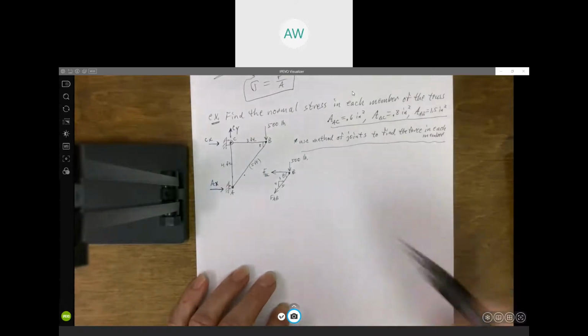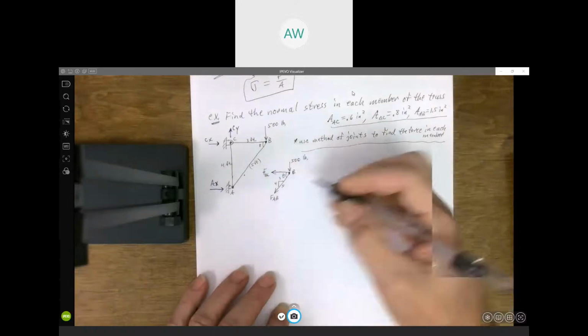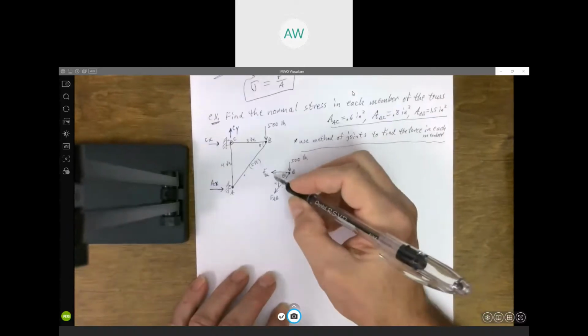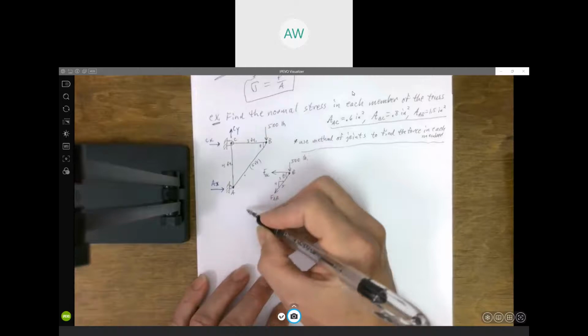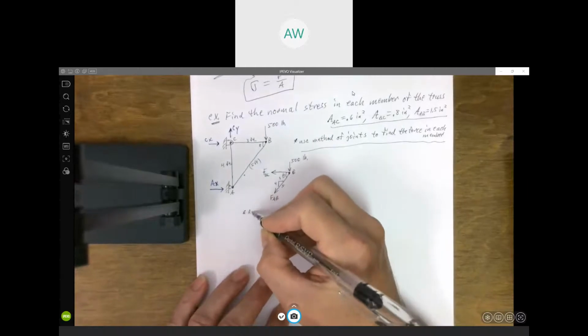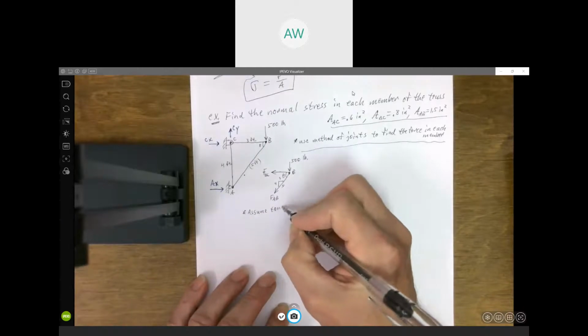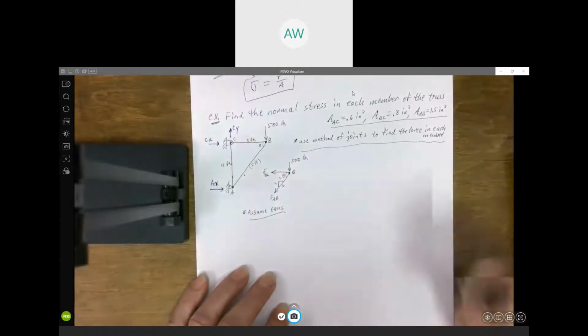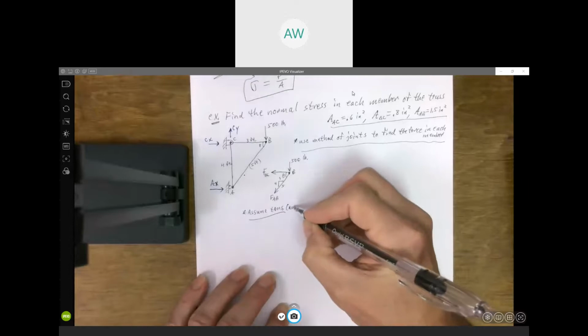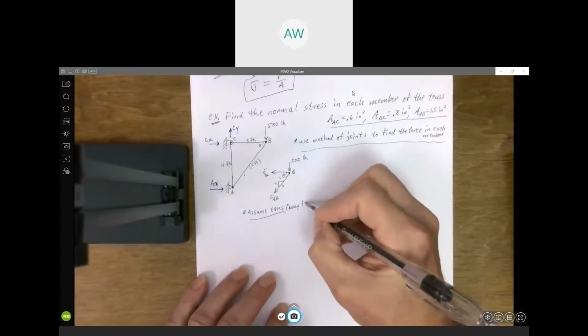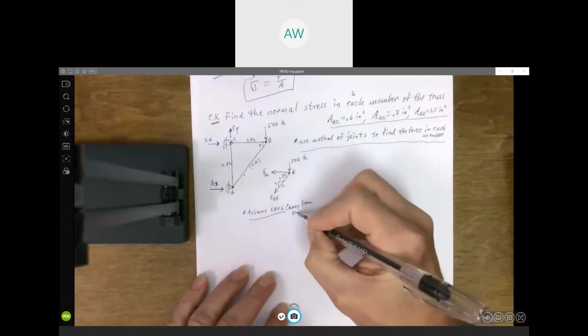So just a note here for the direction of AB and BC, I highly recommend you assume it's in tension. Now, if it's in tension, that means it's going to be going away from the joint.